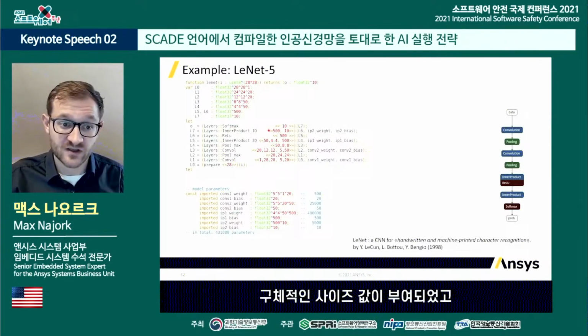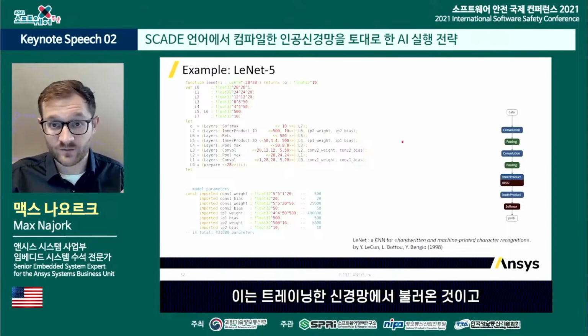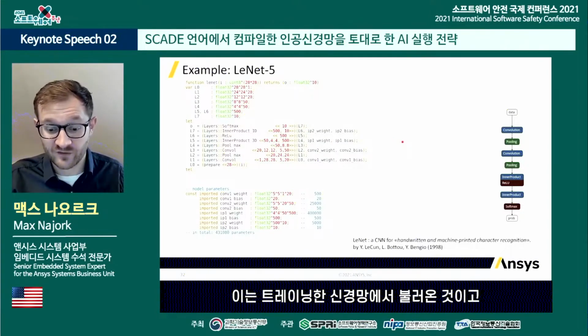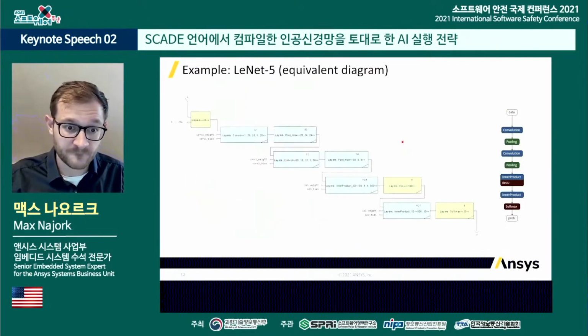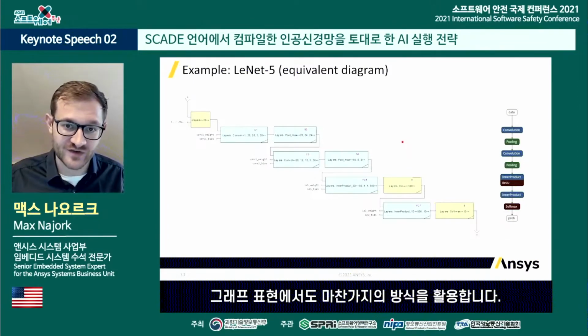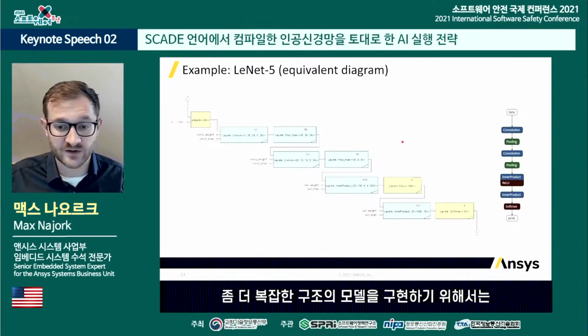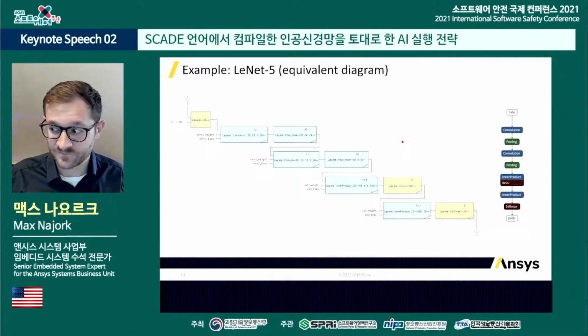We can now see it being assigned the concrete size values and also the in-layer, the weights, and the biases that are, for instance, imported from the neural network example in TensorFlow. While this is the textual representation, we can also do the same thing in the graphical representation. If you want to model complex neural network architectures in a graphical fashion, that's perfectly doable.